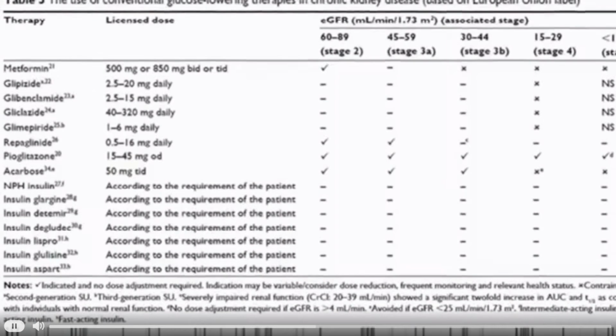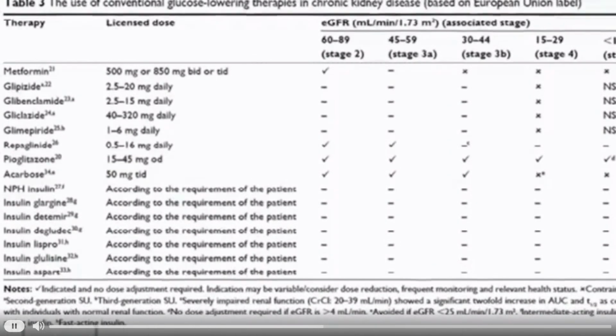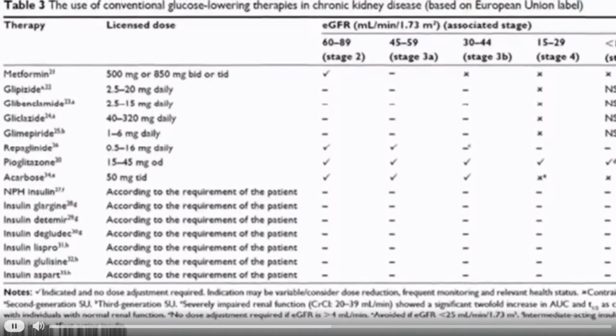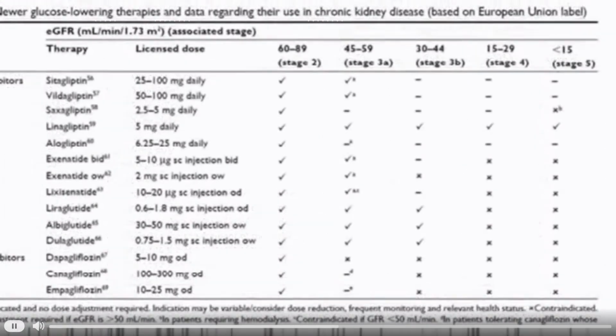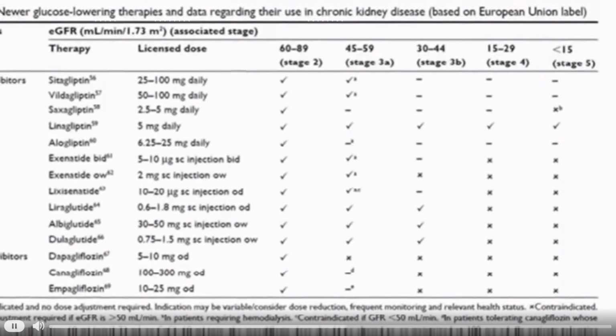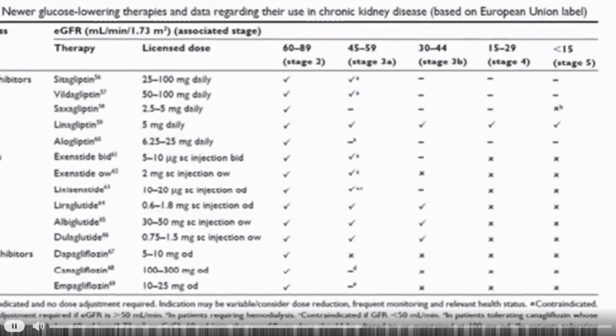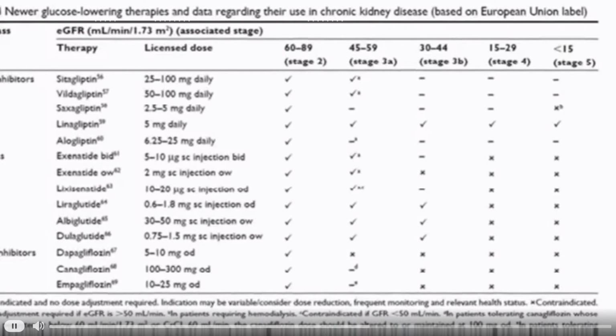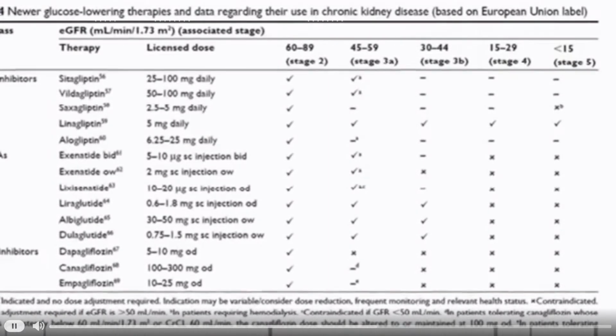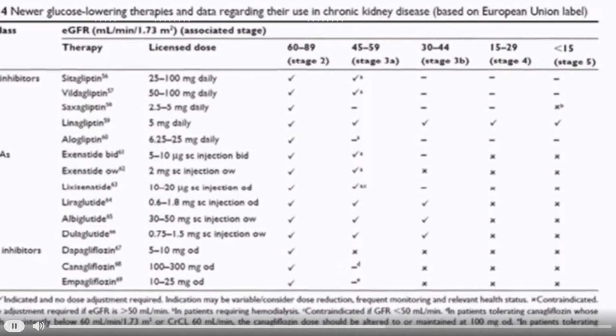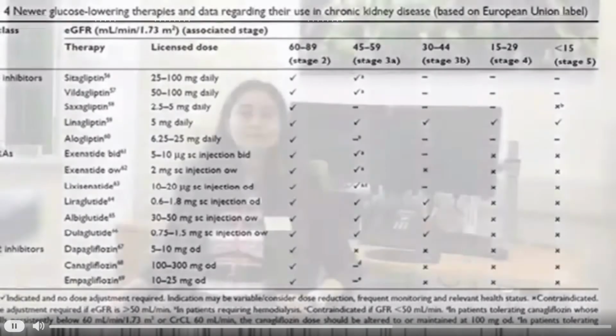Table 3 shows which conventional therapies are safe to use as chronic kidney disease progresses. In Table 4, we have summarized how the newer treatments for type 2 diabetes, specifically DPP-4 inhibitors, GLP-1 receptor agonists, and SGLT2 inhibitors, can be used safely across the chronic kidney disease spectrum. The inclusion of several new glucose-lowering treatments increases the likelihood that type 2 diabetes will be well managed in the future.